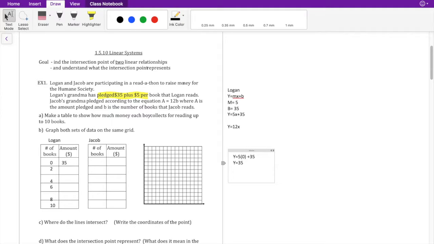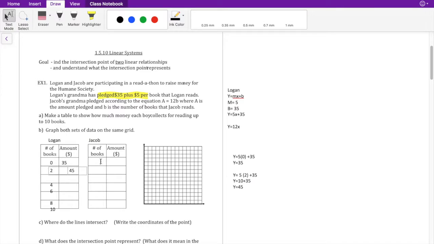For the next one, y equals 5 times 2 plus 35. 5 times 2 is 10, plus 35, which equals 45. So 45 will go in here, and so on and so forth. You can work it out on the way down.